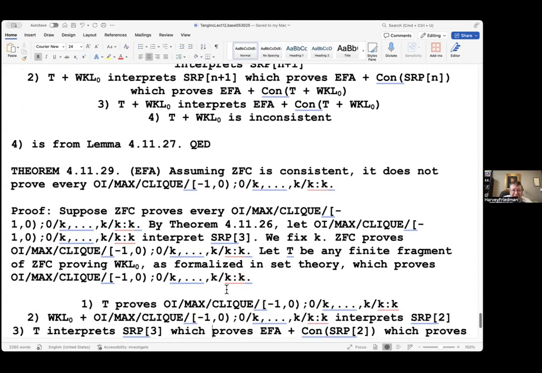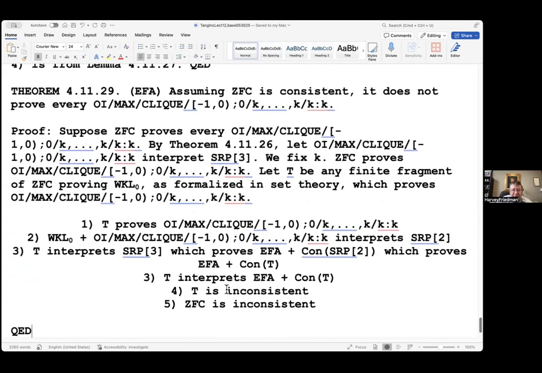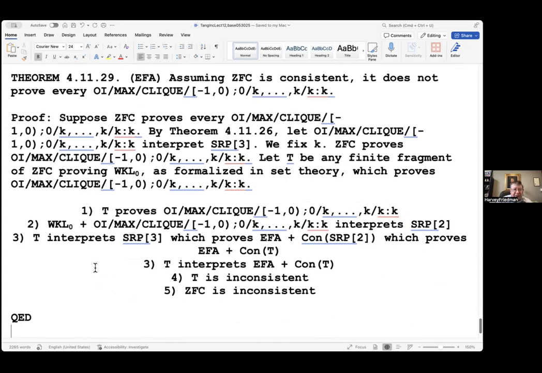So we have finally here that if ZFC is consistent, it doesn't prove the statement we're reversing in every dimension. And that's, of course, something we want to highlight for non-experts.